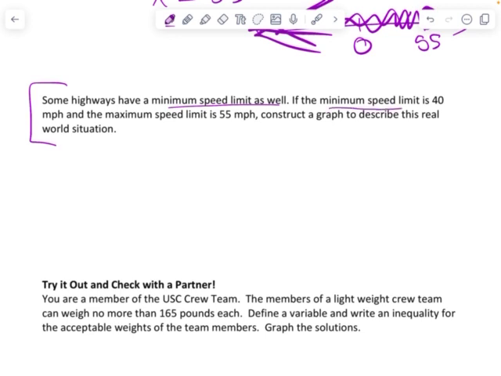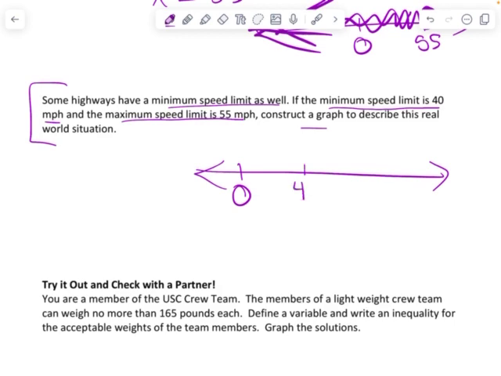All right, so let's take a look at the highways problem. Some highways have a minimum speed limit as well. If the minimum speed limit, meaning the slowest you can go, is 40 miles an hour, and the maximum is 55 miles an hour, construct a graph to describe the real world situation. So it's not even asking for an inequality, but it's asking for a graph.